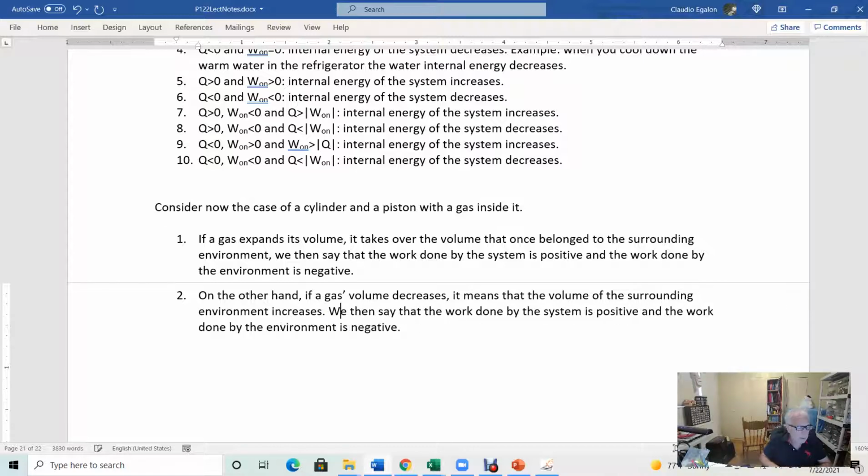We then say that the work done by the environment is positive and the work done by the gas is negative. Okay?